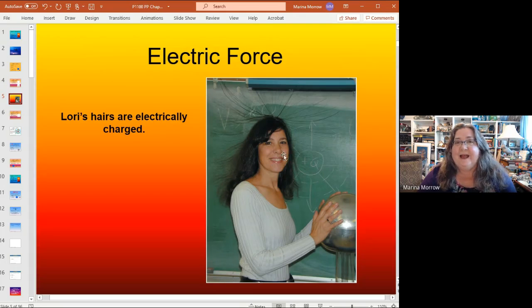So if you've ever charged yourself up on a Van de Graaff generator, what's happening is that the Van de Graaff generator is charged up negatively. When you touch it, you become charged negatively and your hairs become charged negatively. And those hairs are repelling each other, which is why you get hairs flying around.